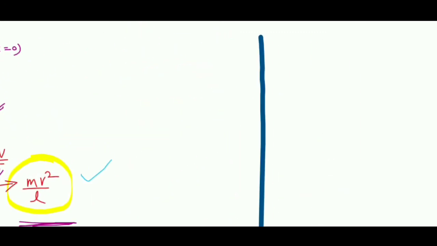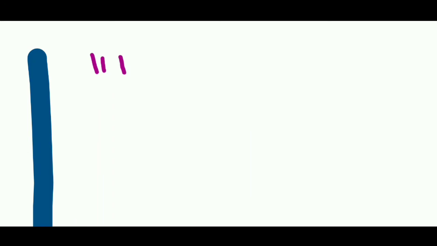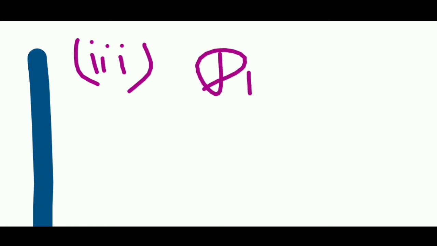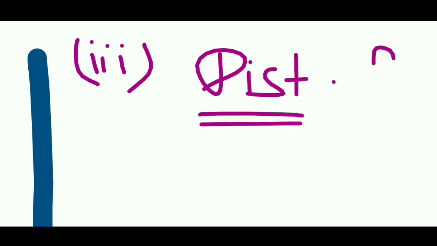So let's come to the second part. Wherever you feel like pausing, please pause, note down the answers, or rewind and check the solution again. Hear me out properly. The next part is how much distance will be traveled before coming to rest.